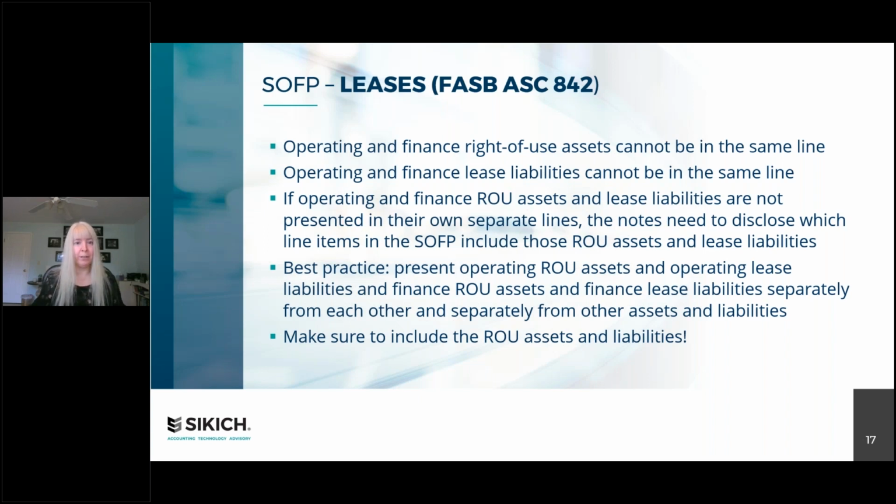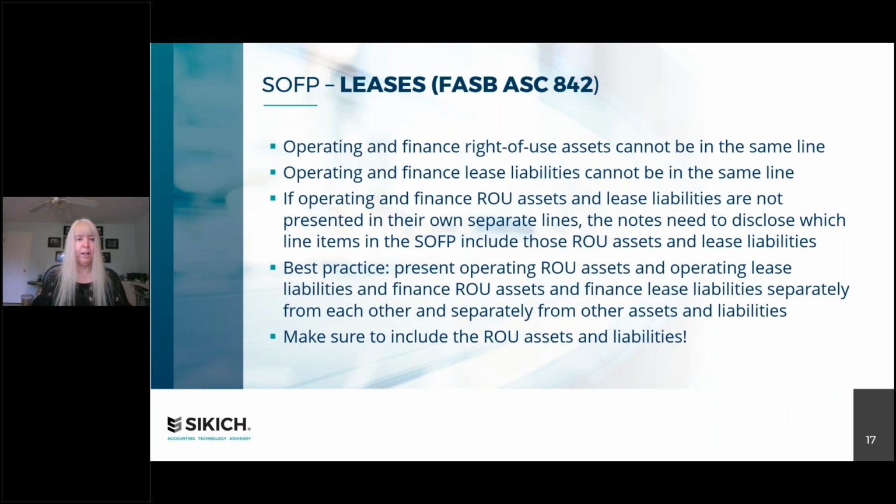So best practice, if you've got significant leases, is to present the ROU assets and lease liabilities for operating leases separately from other assets and liabilities. Likewise, present the ROU assets and liabilities for finance leases separate from other assets and liabilities. And then lastly, I have seen this where the ROU assets and liabilities upon implementation are the same.